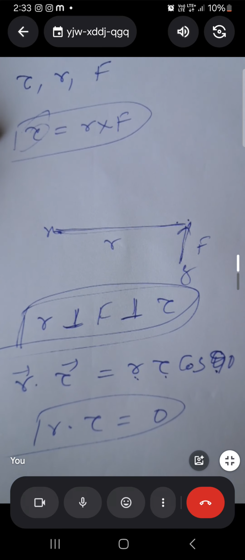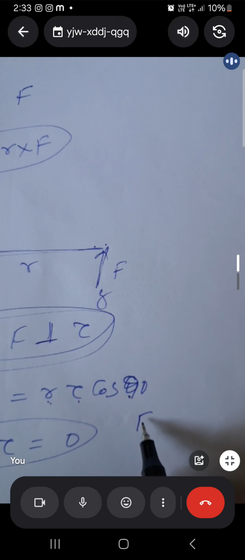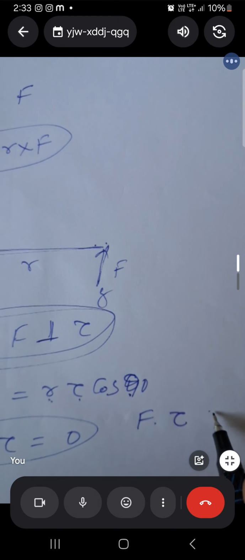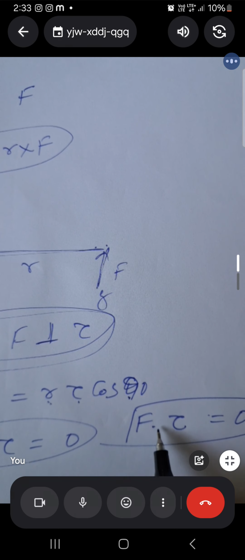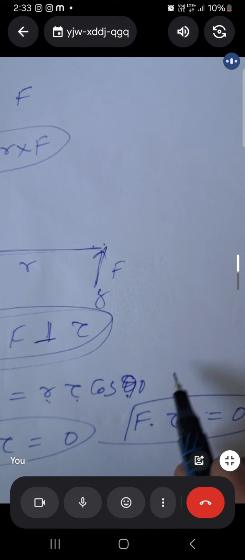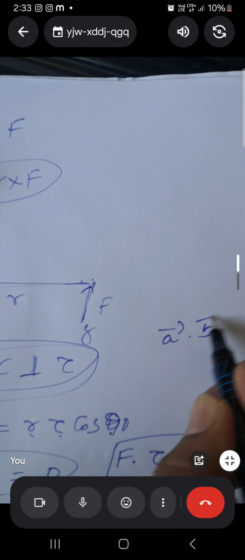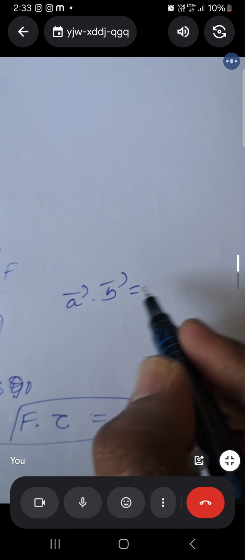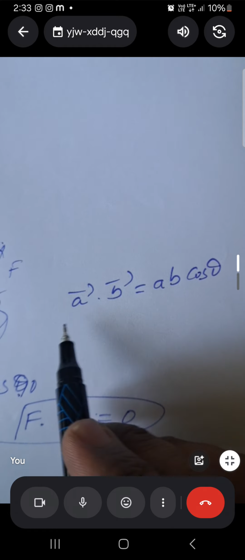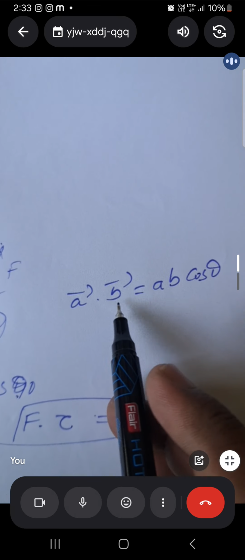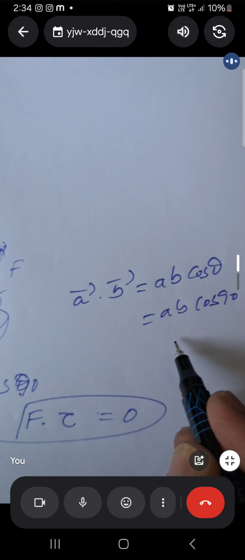Similarly, f dot tau is also 0, because this is a dot product, and in a dot product we get cos theta. Let's take a bar dot b bar, that means ab cos theta. If a and b are perpendicular, we substitute theta as 90, so ab cos 90 is 0.